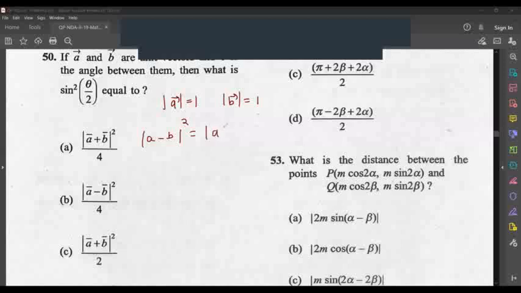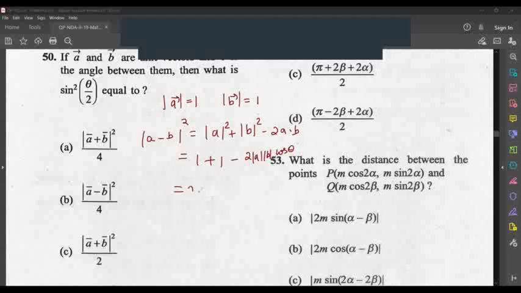That is A square plus B square minus 2 A dot B. So we can write it as 1 plus 1, because magnitude of A is 1 and magnitude of B is also 1, minus 2 AB cos theta.